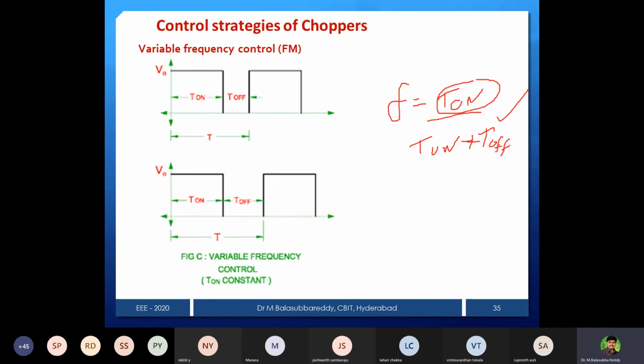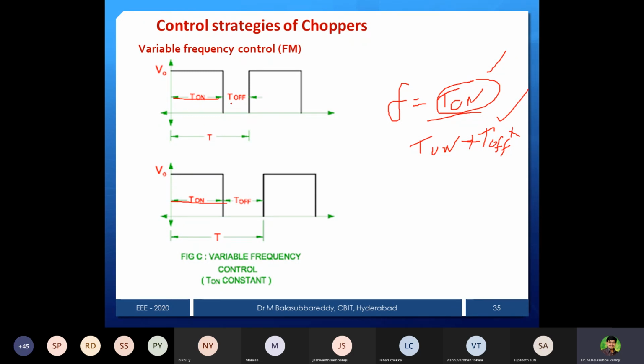Or you fix T off and change T on, then delta will change, but frequency varies for each value of delta. In the first case I fix T on constant; this duration and this duration are the same.